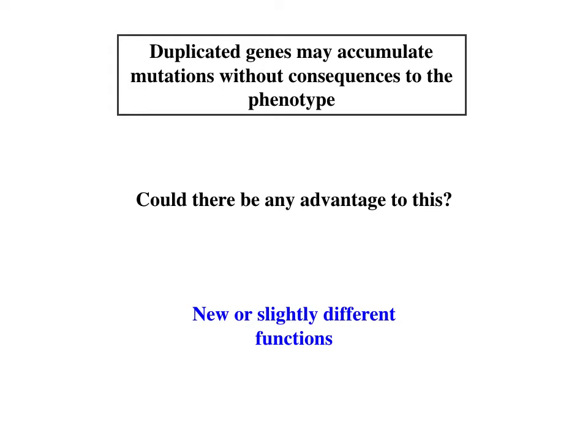The short answer is yes, because you can evolve new or even slightly different functions. It frees up all this genetic diversity, which is already close to a functioning gene, and you can accumulate these mutations and in essence begin to tinker with that new gene, a pseudogene, and eventually you may strike upon something that's beneficial.